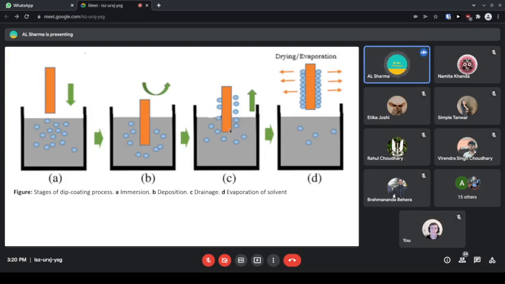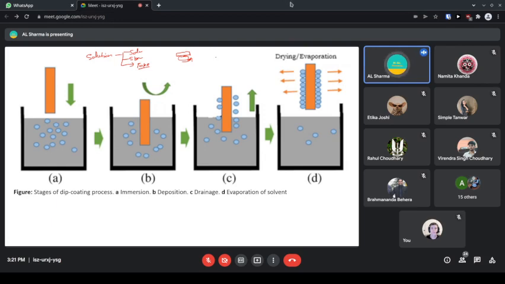You have the solution in the same way as in the case of solution cast techniques, spin coating techniques or tape casting techniques, whatever you have studied. The solution is the same, but what differs is this: in spin coating, you have seen that you put the substrate over a spin coater and it revolves at a high RPM, and due to the centrifugal force the solution is going to cover the whole surface of your substrate.